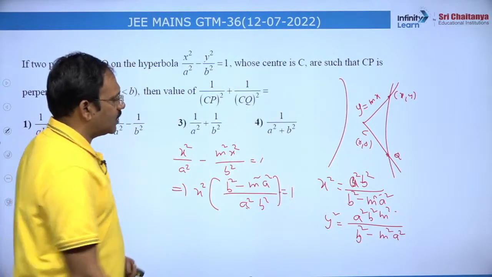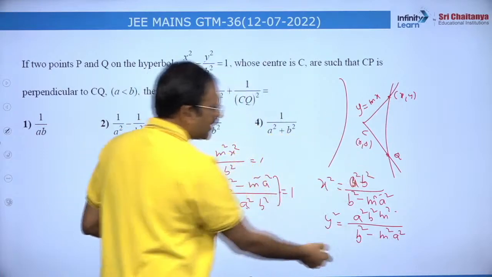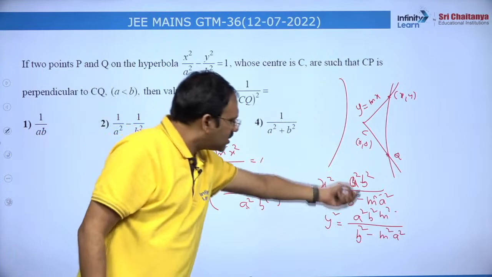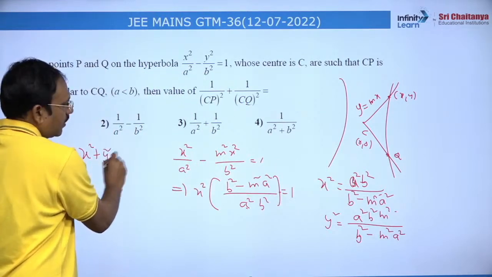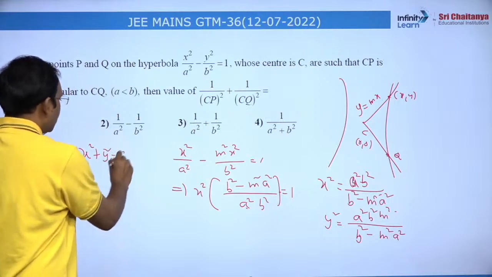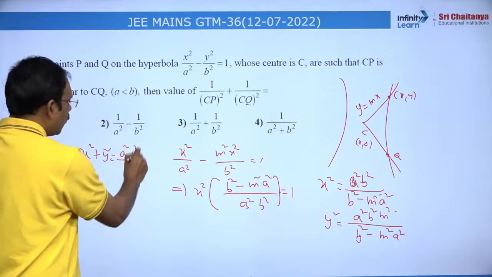So in fact if this point is x comma y, the distance CP square is nothing but x square plus y square, my dear friends. You can just add these two: x square plus y square is equal to a square b square by the same denominator into 1 plus m square.